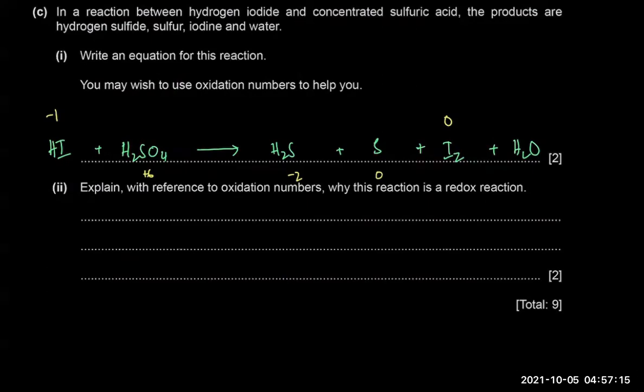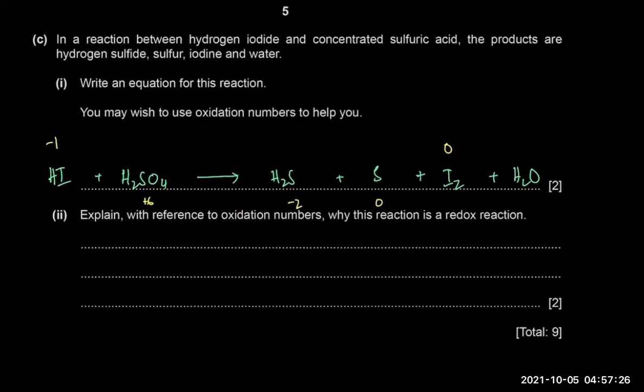Okay, so this is actually a difficult question, but one way to think about it is that sulfur is getting reduced for sure, right? +6 is going to -2 and also +6 is going to 0. So can I say that sulfur is going down by -8 here, and over here it's going down by -6?